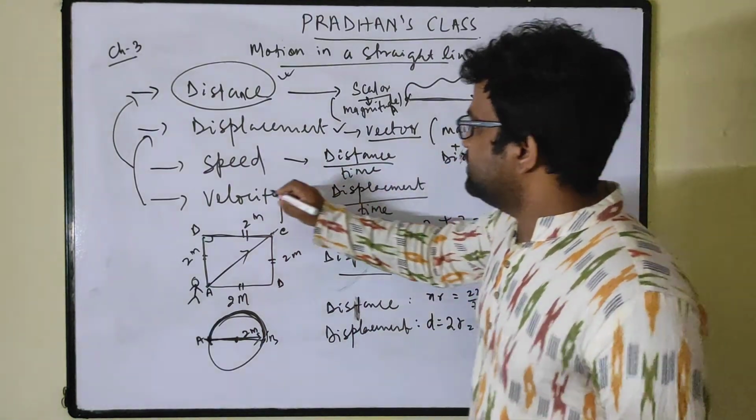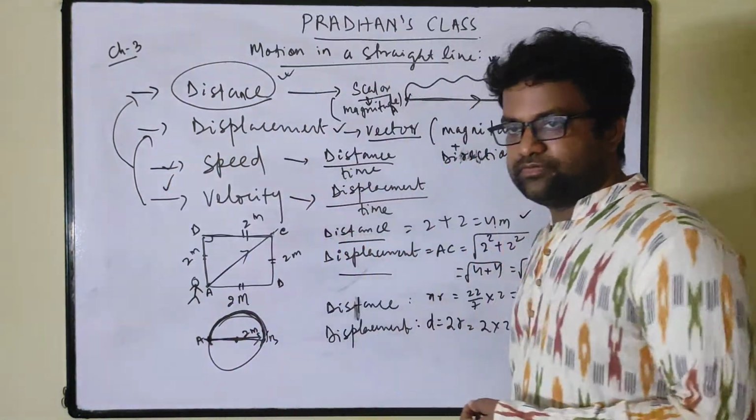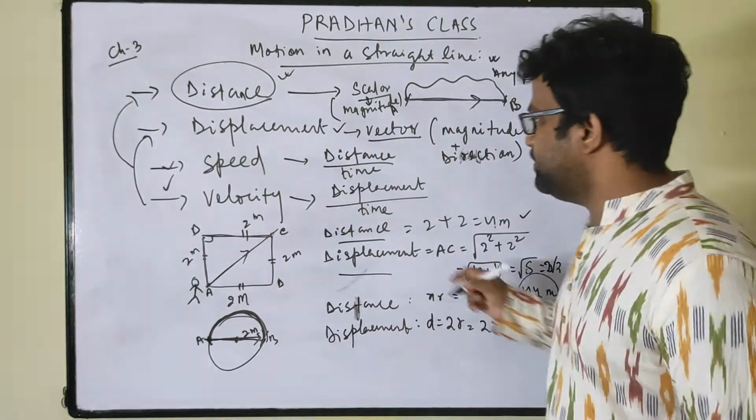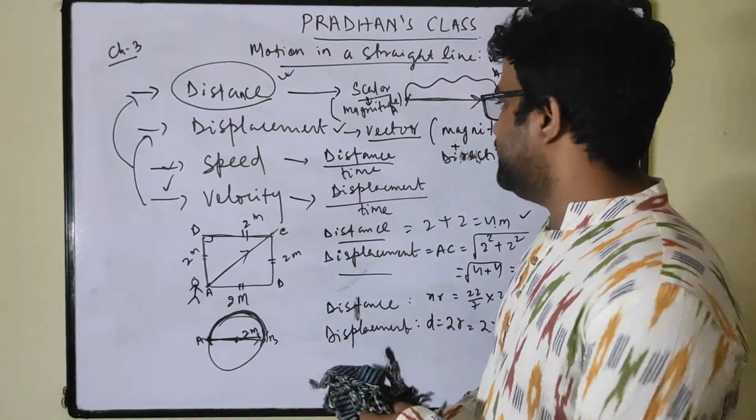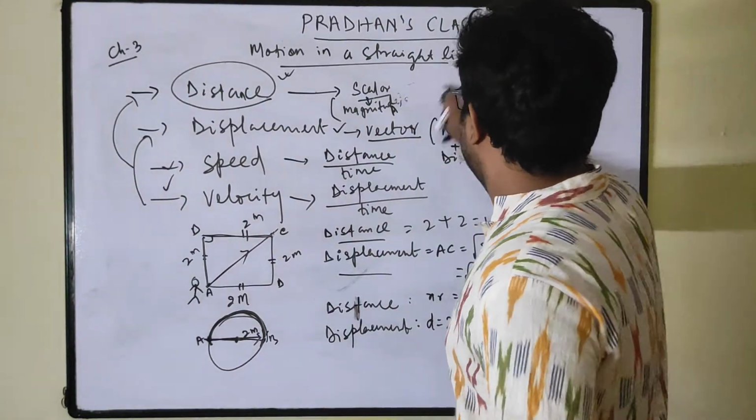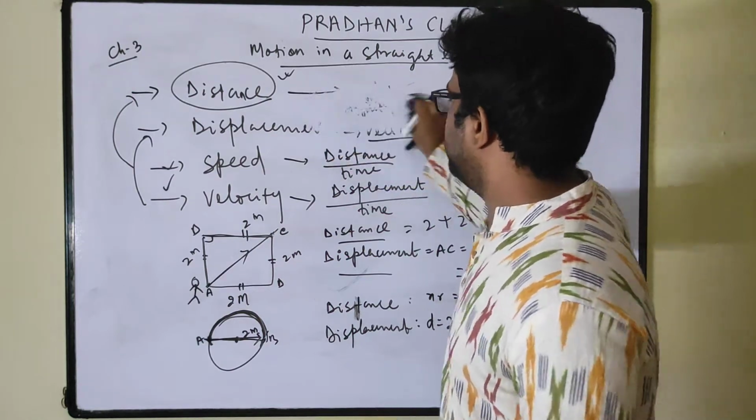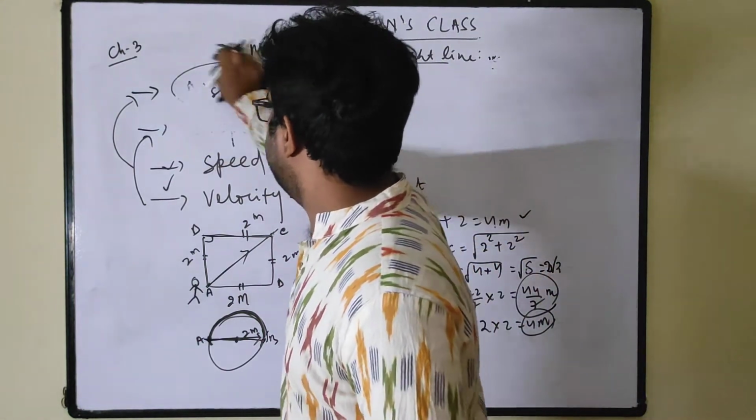Now we will discuss speed and velocity, these two terms. As the definition we have already written, but let us find out with one or two examples of speed and velocity.